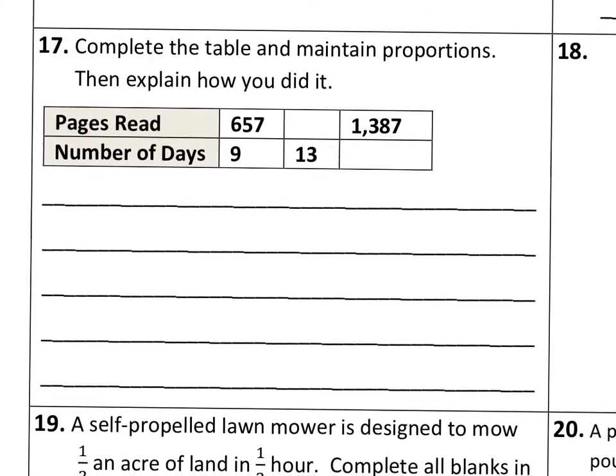Number 17. The best thing would have done is take this for the pages read per number of days and figure out how many pages you could read in one day. And if you figure this out, I think it comes to 73 pages in one day. So somebody can read 73 pages in one day.